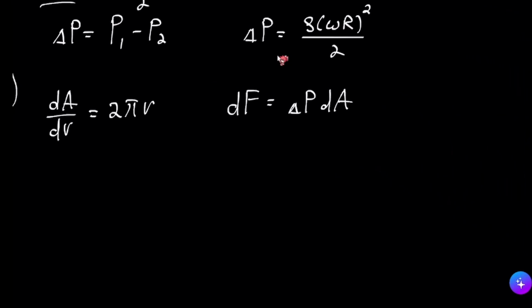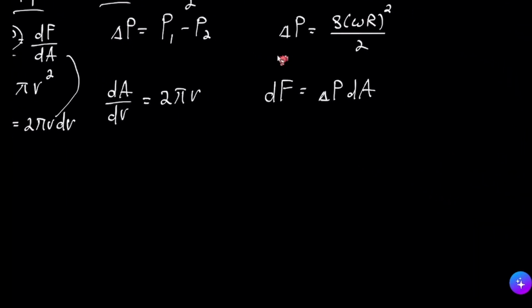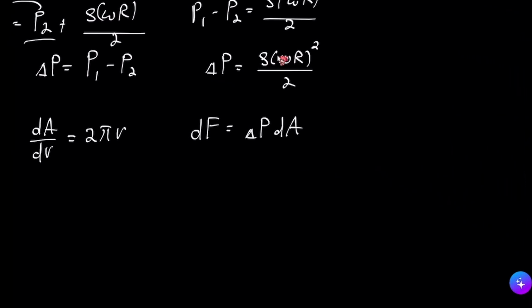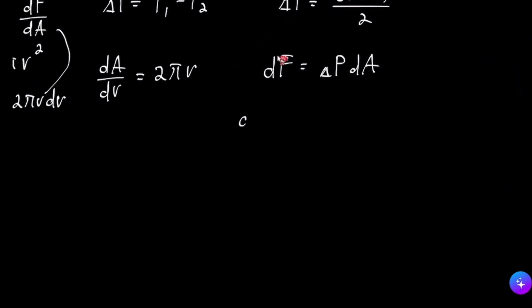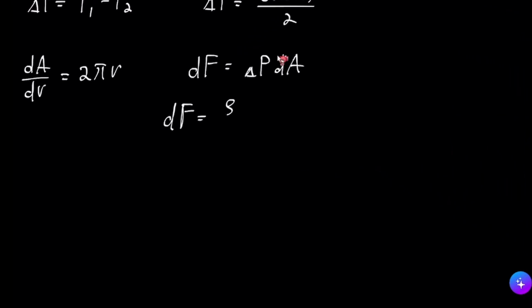That's what we get. Since we know dA is 2 pi r dr, and since we know delta P, it's up here, we can find out dF is equal to rho omega r squared divided by 2 times 2 pi r dr.